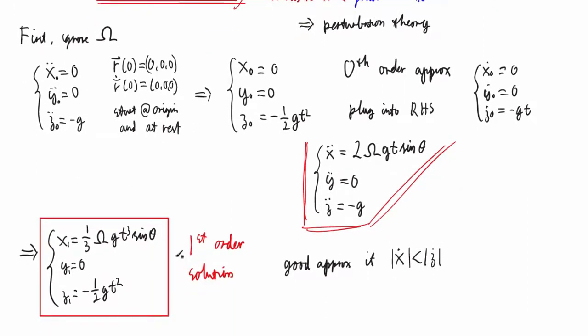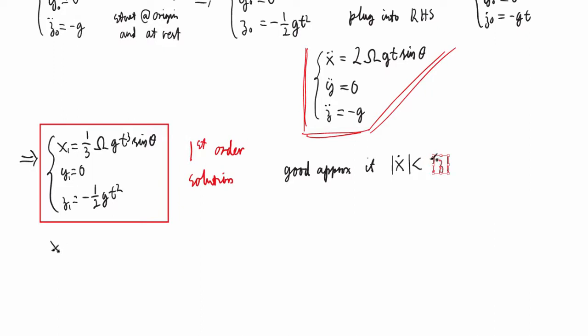So to see if that's the case, all we have to do is take the time derivative of x1 here and z1 and then compare their sizes. So let's do that.